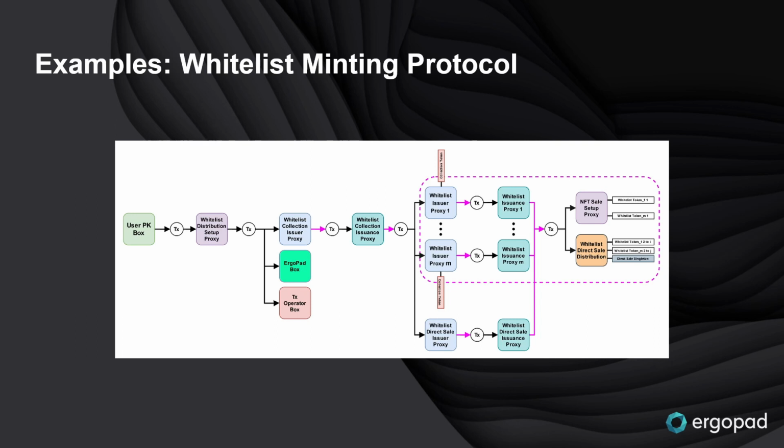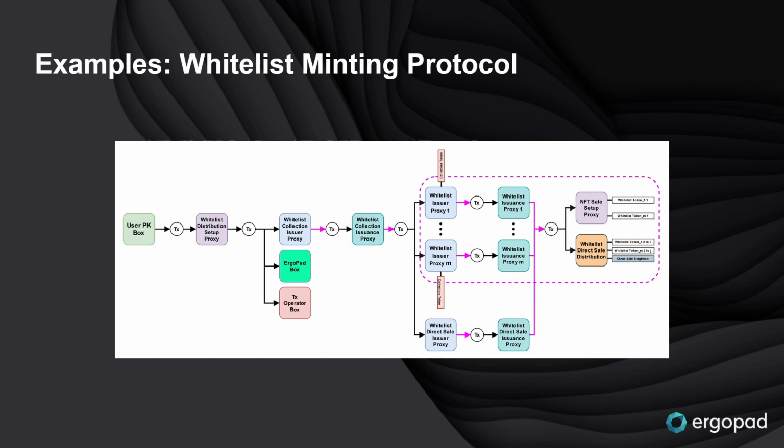And we use parallelization because we were able to create multiple whitelist tokens. So it branches off from the first transaction. Since only one token can be minted per transaction, we mint all of the issuer whitelist tokens in each of their own transactions. And then the pink means that it's chained, so the output gets subsequently used right away as an input.